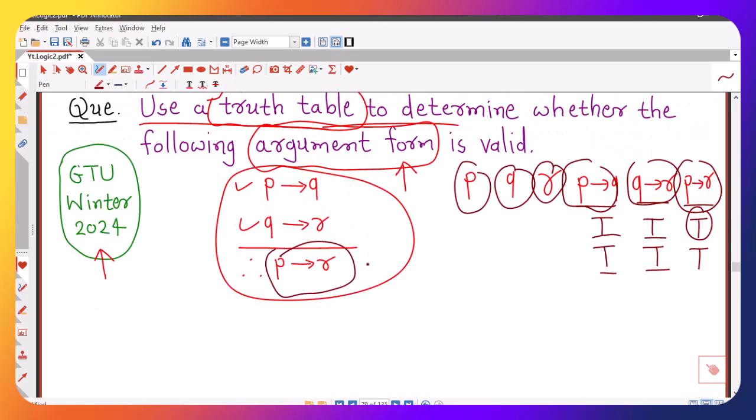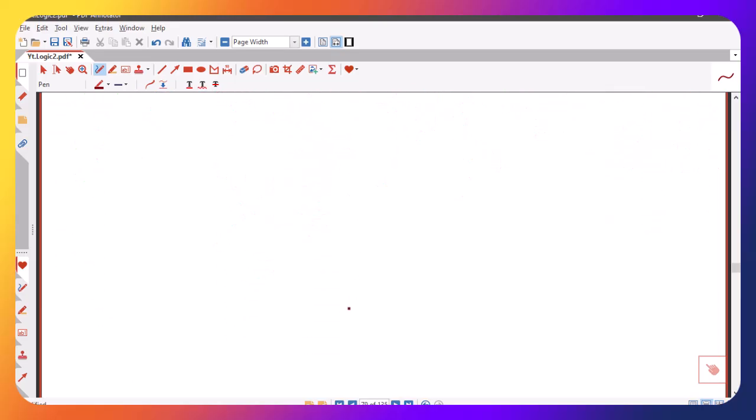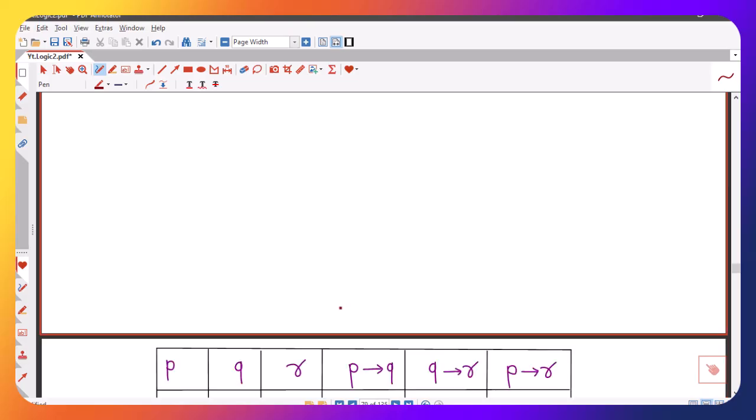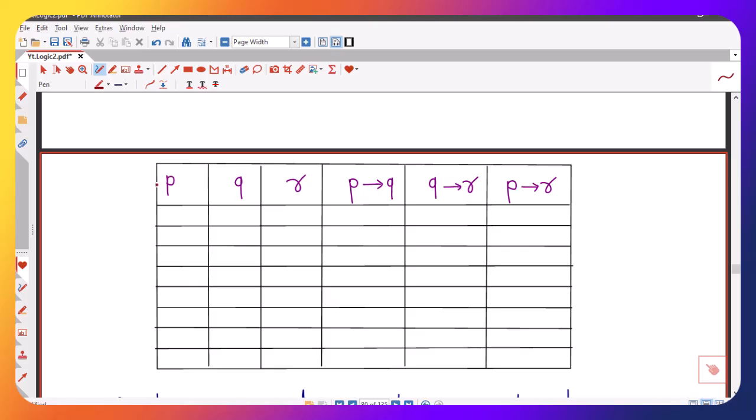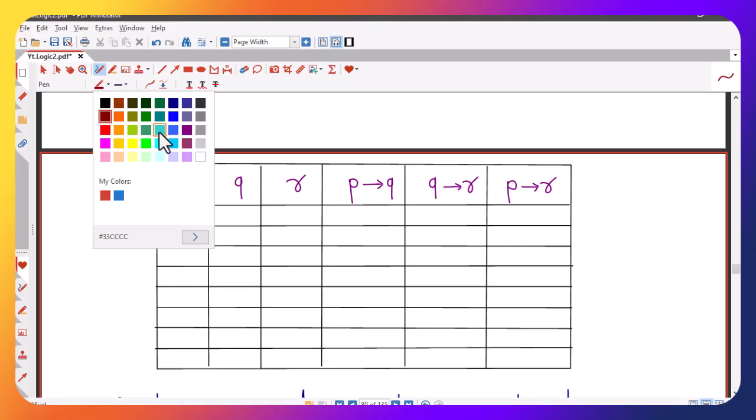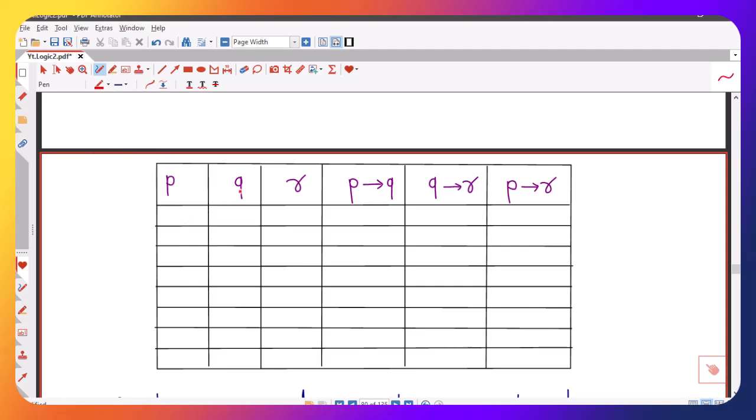So here first we prepare the truth table for this hypothetical syllogism. I have already written all these columns here, and now first we write down all possible combinations of truth values of these three propositional variables.